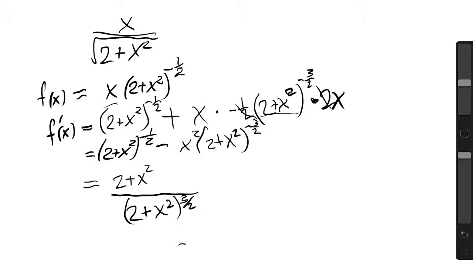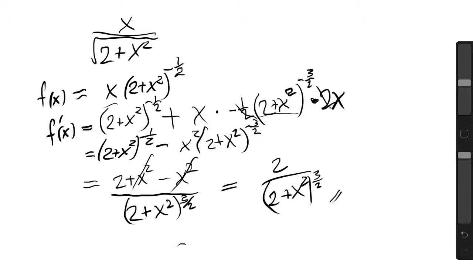For the other counterpart, we just have a minus x squared, which means that these two x squared terms can be cancelled, and we're left with 2 on 2 plus x squared to the 3 on 2, which is what the question gave us in the first place.